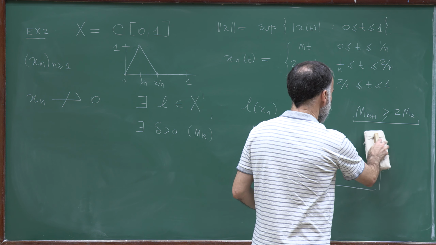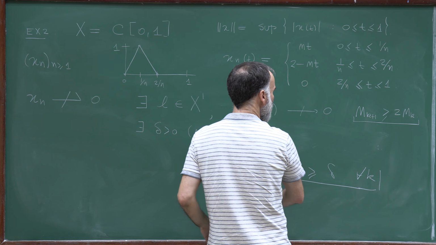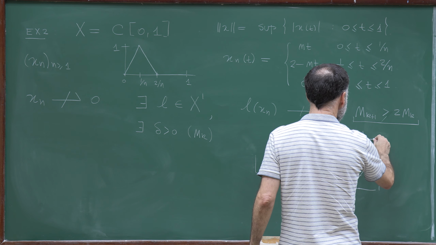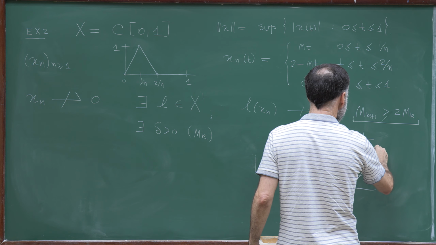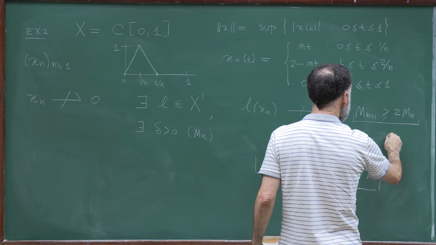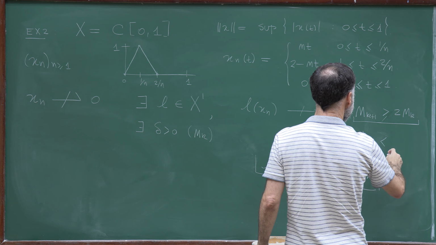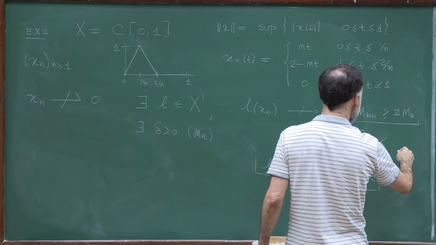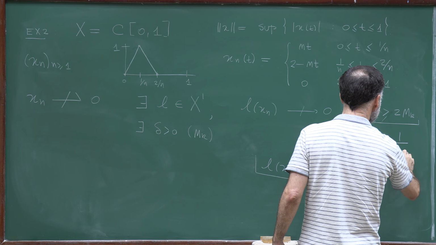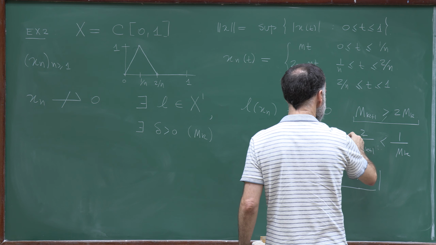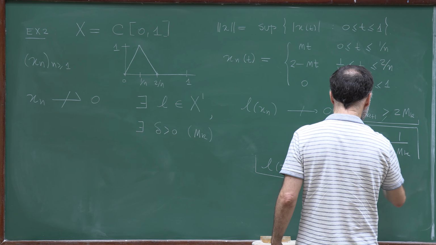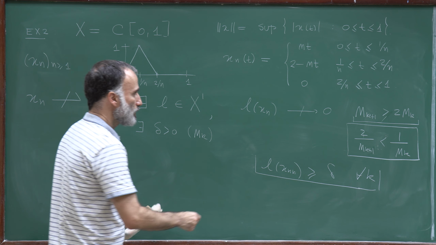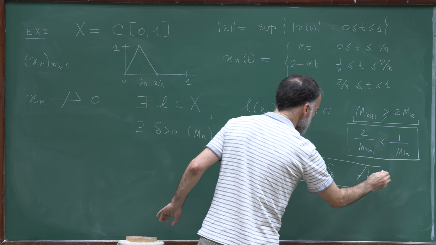You see that from this inequality, what I get is that 2 over n_{k+1} is smaller than 1 over n_k. So this is the inequality I will be using in my argument. And with that, this is what we need.